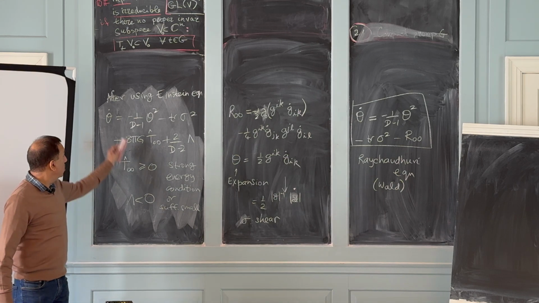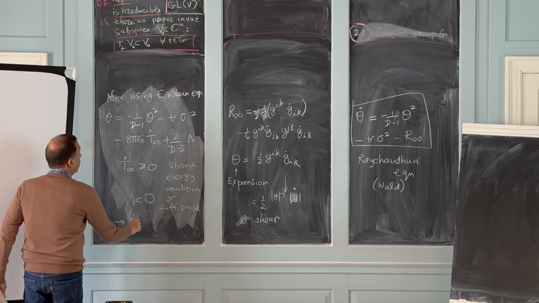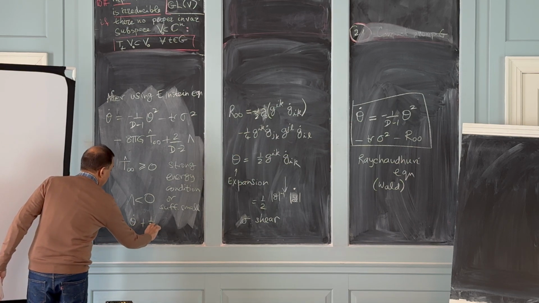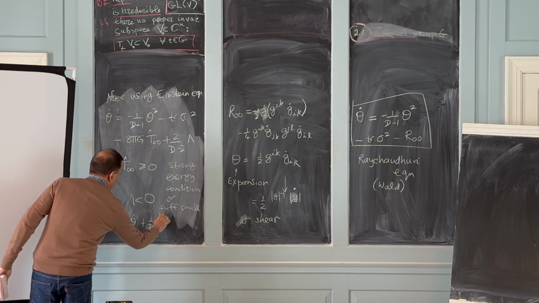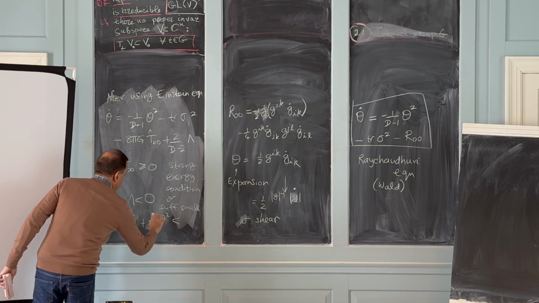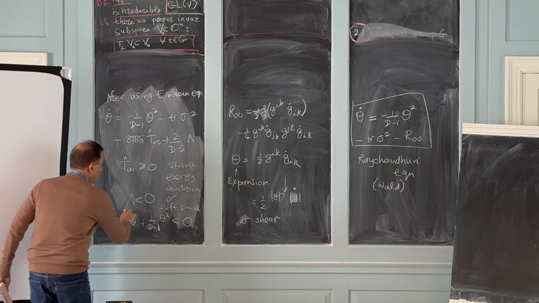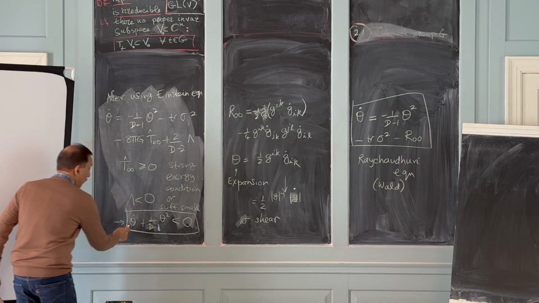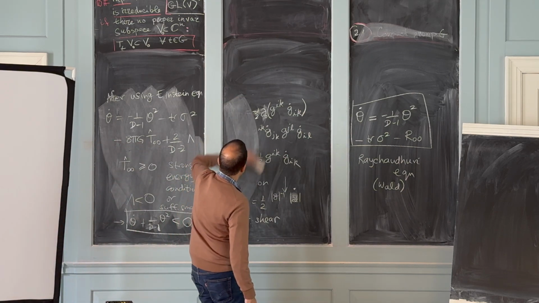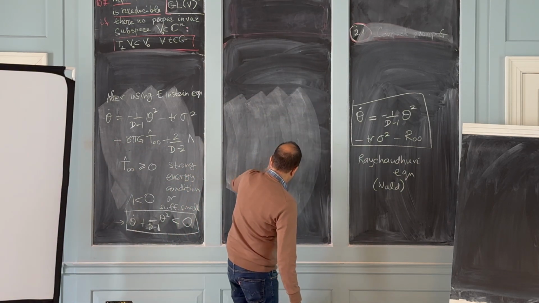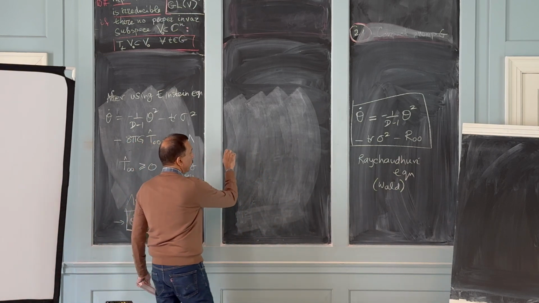Under these conditions, theta dot is less than 0. Not only theta dot is less than 0, but theta dot plus 1 by d minus 1 theta squared is still less than 0. And this is the bound following from the Raychaudhuri equation, which enables us to ask what's happening to space-time in the future or past of an initial value surface.